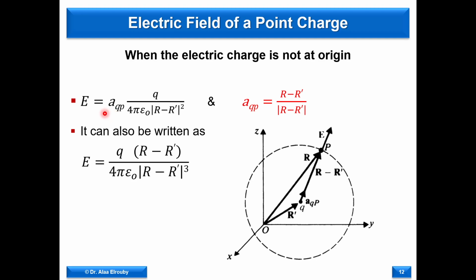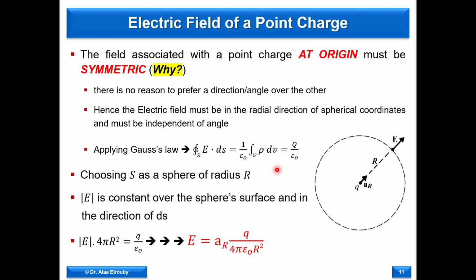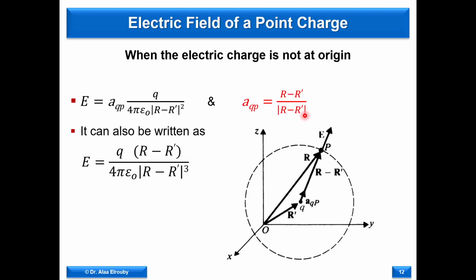This is AQB. So if we just substituted AQB into this expression, we would have the electric field because of a point charge at any arbitrary position, observed at any arbitrary position, equal to Q multiplied by the vector of the position vector of the observation minus the position vector of the source, divided by 4 pi epsilon, cubed, from where we get this expression, and the third one is coming from here.